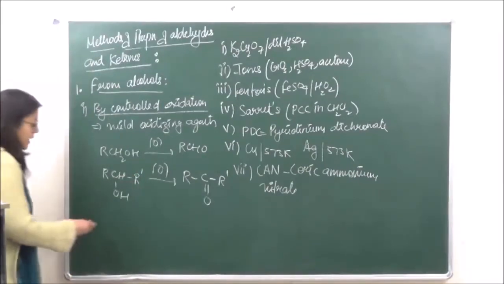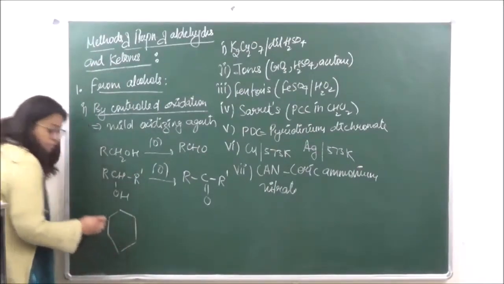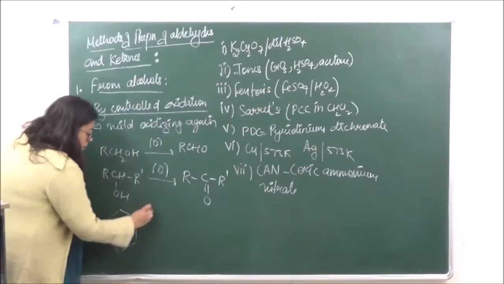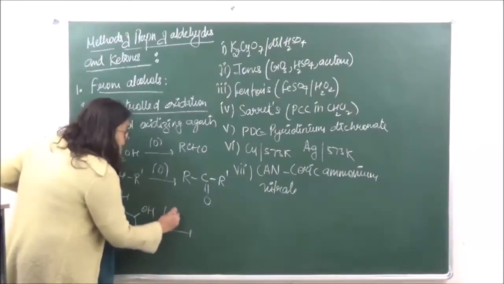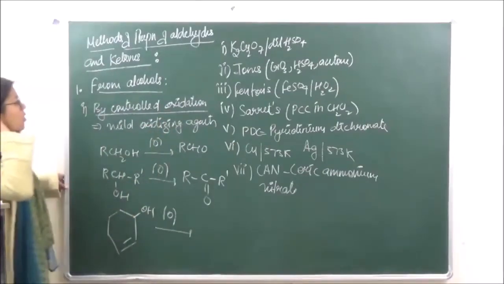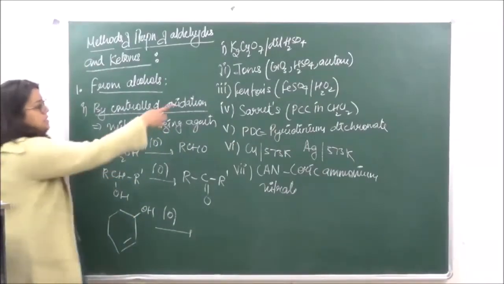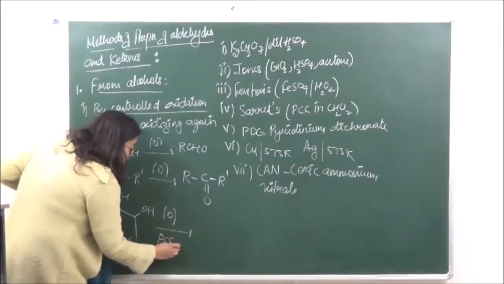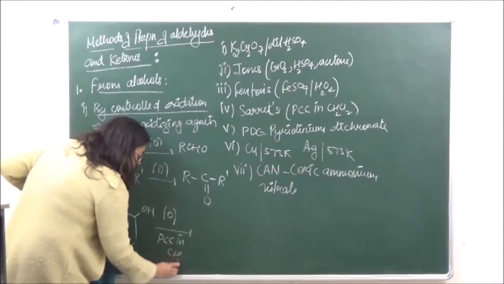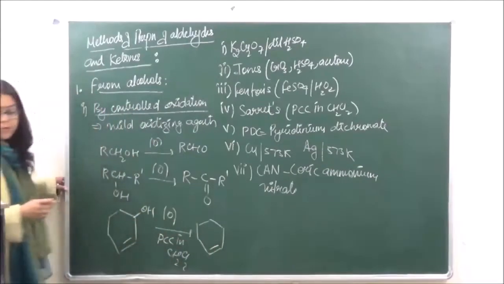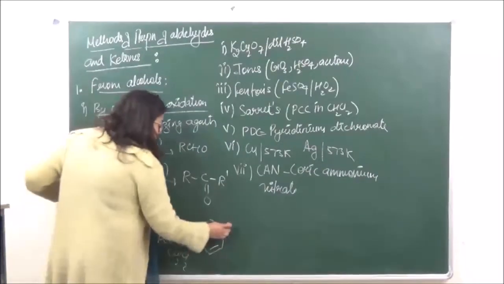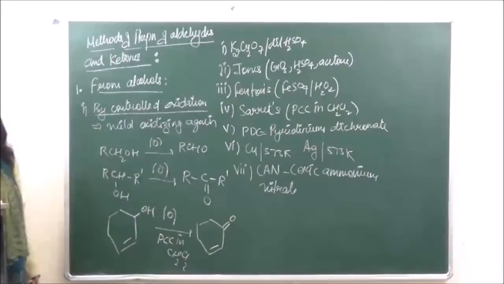For example, take a cyclic compound, cyclohexenol. When we oxidize it with PCC, the Sarett's reagent, in CH2Cl2, the double bond is not affected and remains as it is, and we get cyclohexenone. Only the functional group is hit.